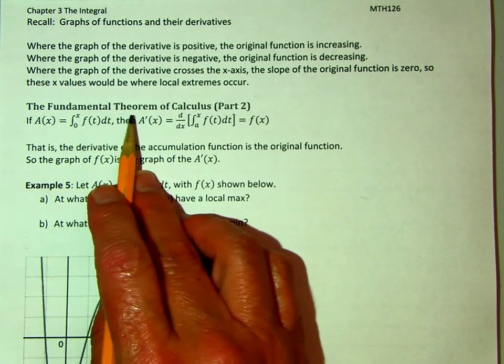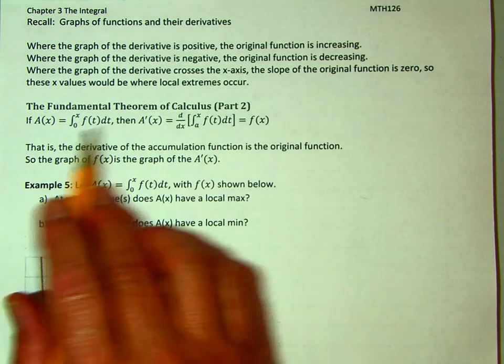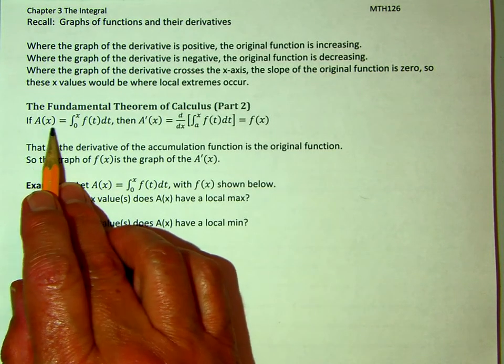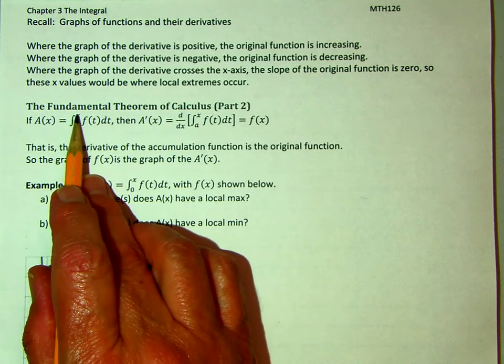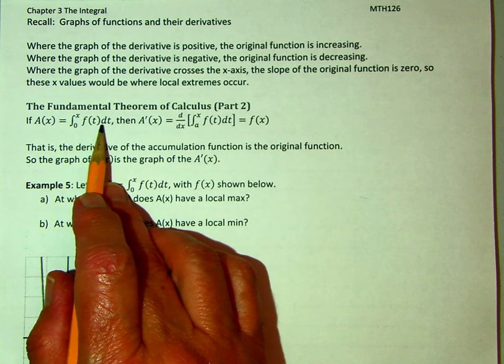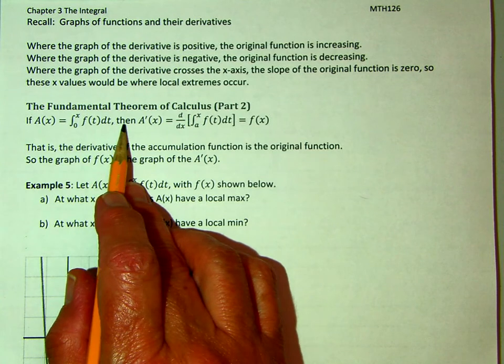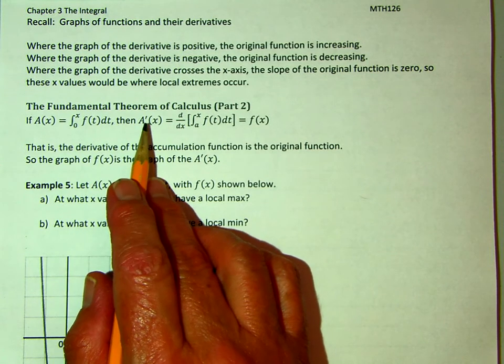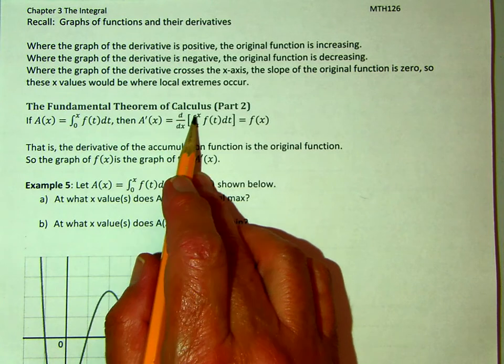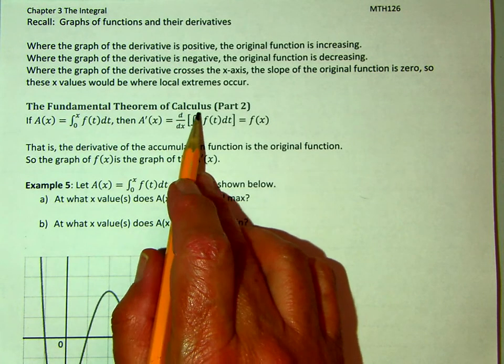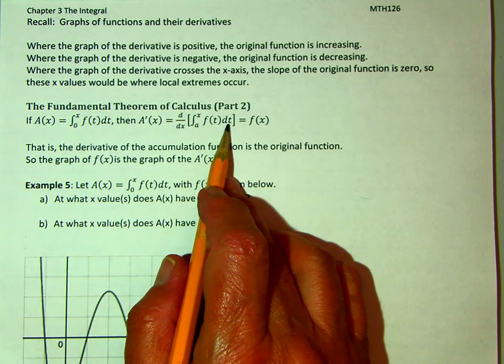The fundamental theorem of calculus, part 2. The area is the integral from 0 to x of f of t dt. Then the derivative of that function is the derivative of the integral from a to x of f of t dt.